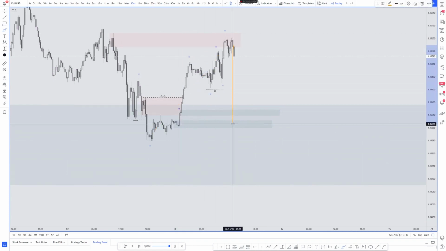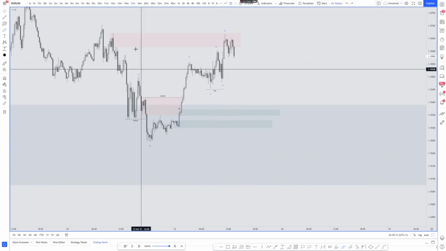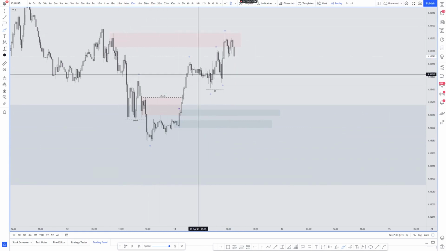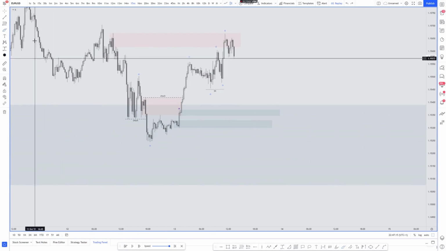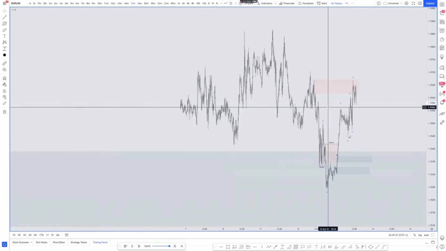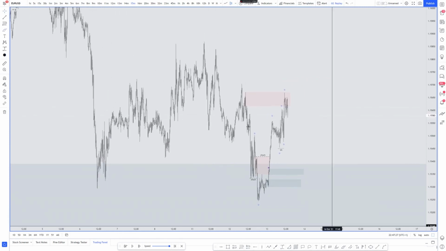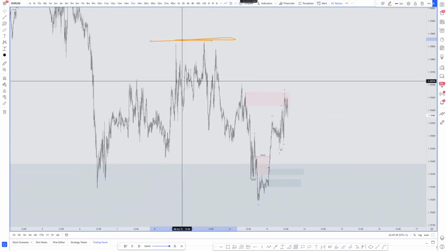Whereas if we come down into one of these zones, we become unconfirmed bearish. So let's just see how this plays out. And ultimately, with this being as heavily counter trend as it is, I wouldn't be shooting for the stars and trying to run these highs or anything.